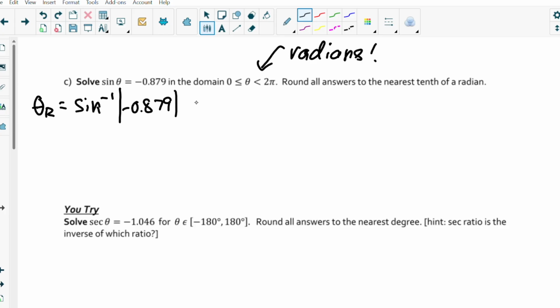I get a theta r, or reference angle, of 1.0737 radians.